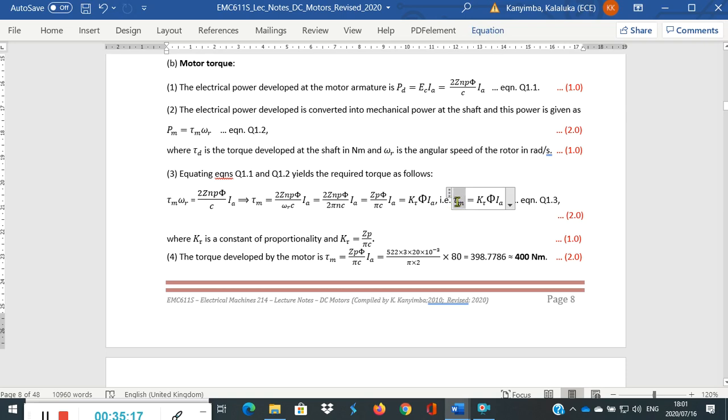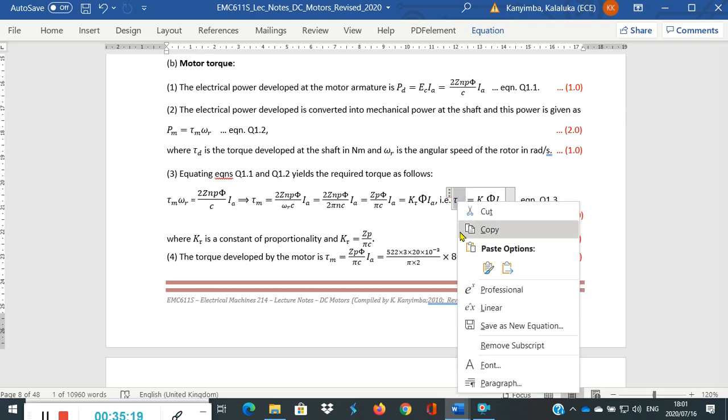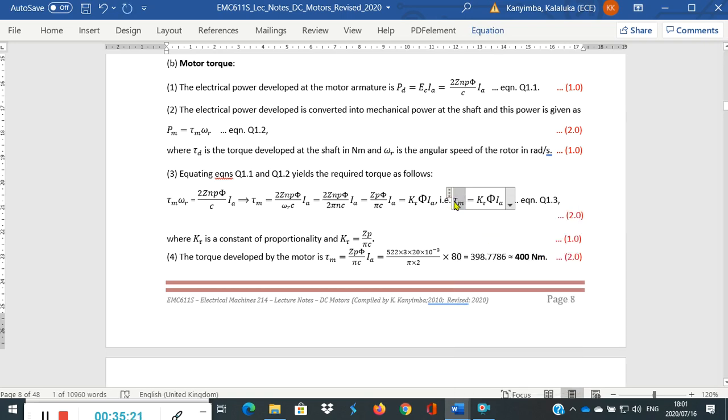So in fact, let's now just say tau D, which is equal to tau M, is equal to K tau times phi times Ia.